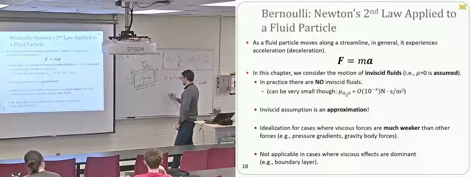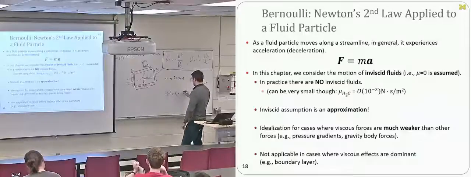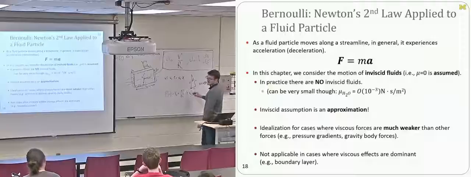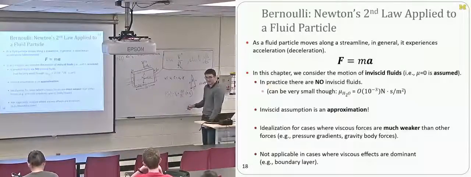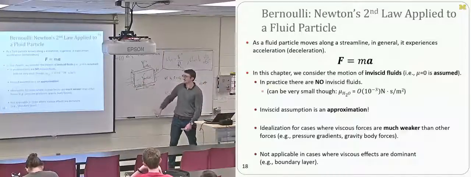Remember, f of x that is close to some x naught is equal to f of x naught plus df dx times x minus x naught. The point, the slope, and the distance from that point should give you the new elevation, right? So how do we apply that to find the pressure here if we know P naught?